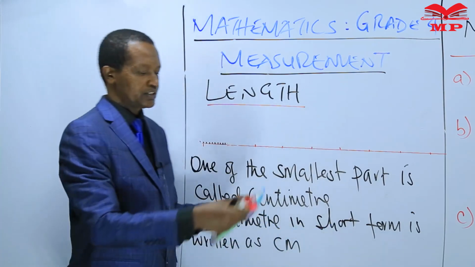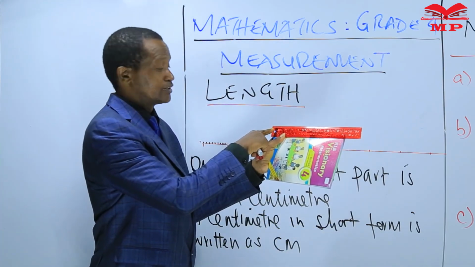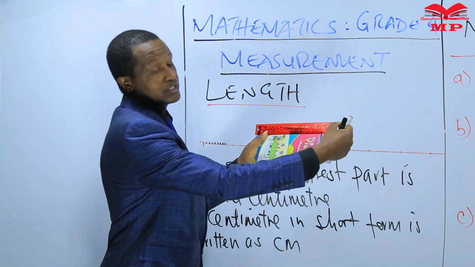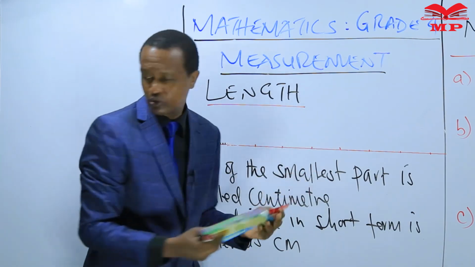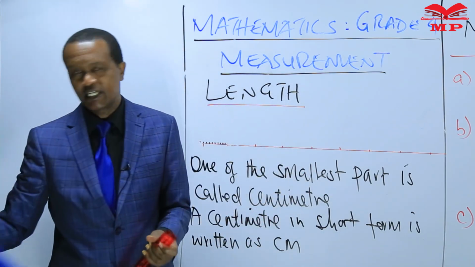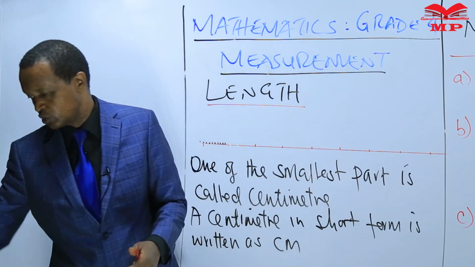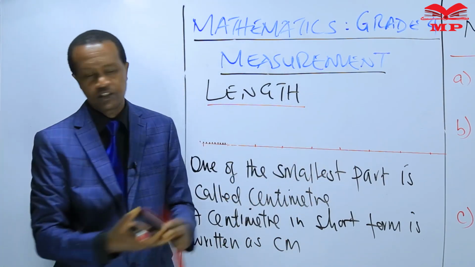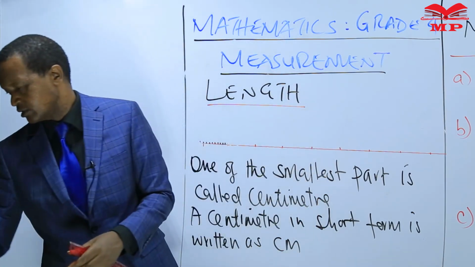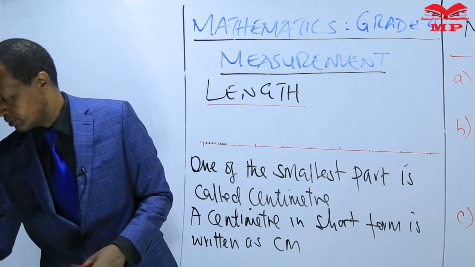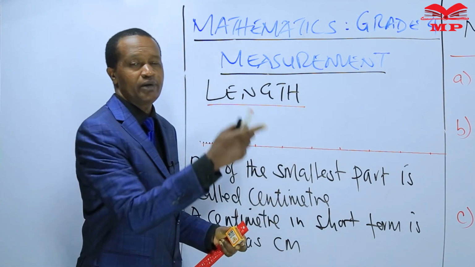This ruler measures 30 centimeters. So we measured the length of the book. We also measured the length of my diary. Number 3, we measured the length of my mobile phone. Then we measured the length of the matchbox and my marker pen.